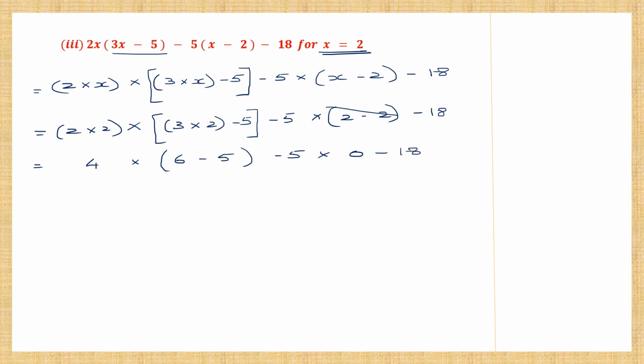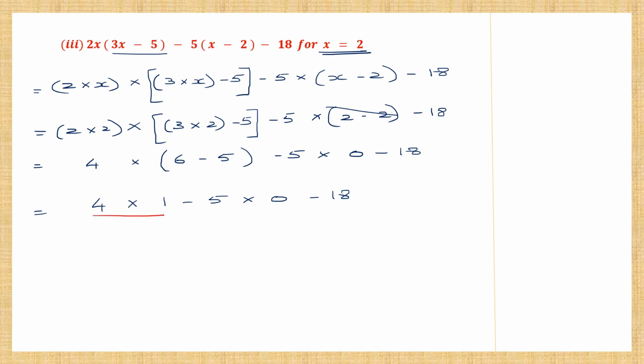Now again, let's simplify everything. 4 into 6 minus 5 is 1, minus 5 into 0 minus 18. Now here again, what all operations do we have? We have a multiplication, we have a subtraction, a multiplication and subtraction. Let me write all this close to each other so it becomes easier for you to understand. So now we have to work out the multiplications first.